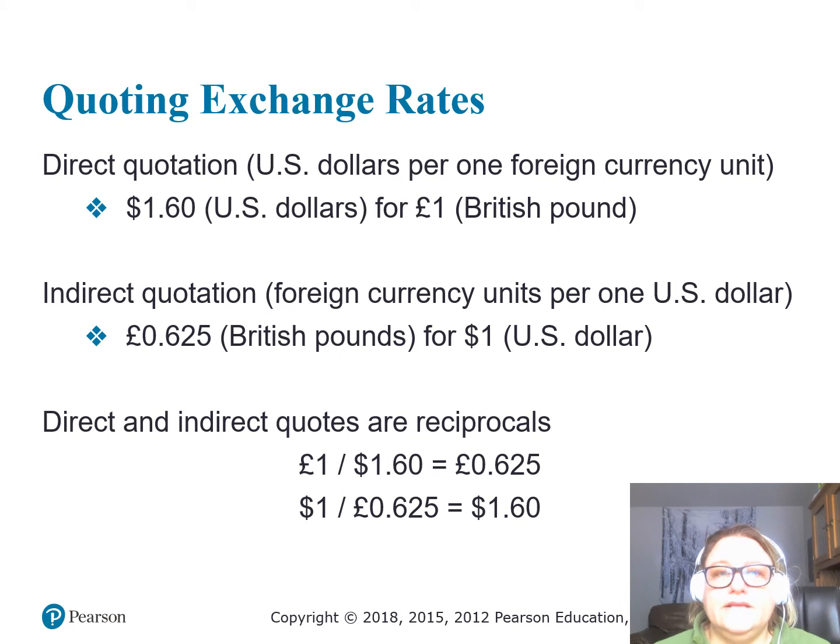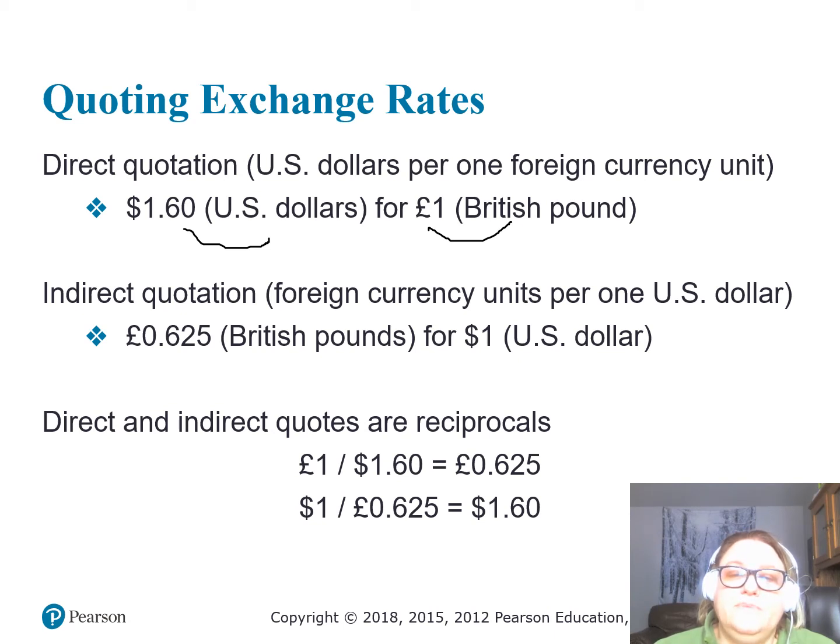Okay, so the exchange quote, when you quote the exchange rate, remember I said up and down against the British pound. For every $1.60 in US dollars, you would buy 1 British pound. The indirect quotation is 0.62 pounds for $1, and the way you get that is to take the dollar and divide it by the $1.60.